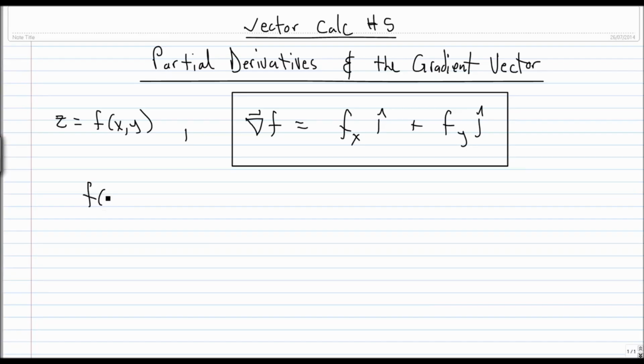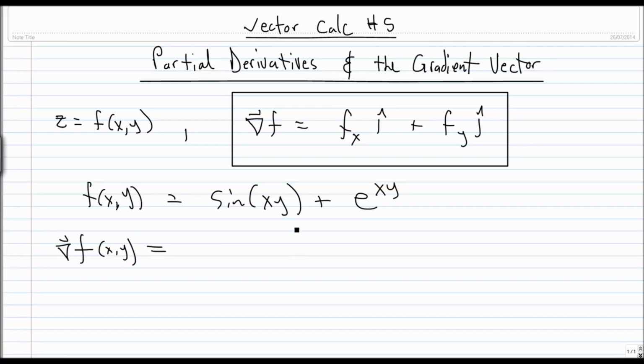So let's say that we had a function f of x, y equals sine of xy plus e to the xy. If we wanted to know the gradient of this at a point, remember, this is evaluated at some point x, y, and these are all evaluated at some point x, y.